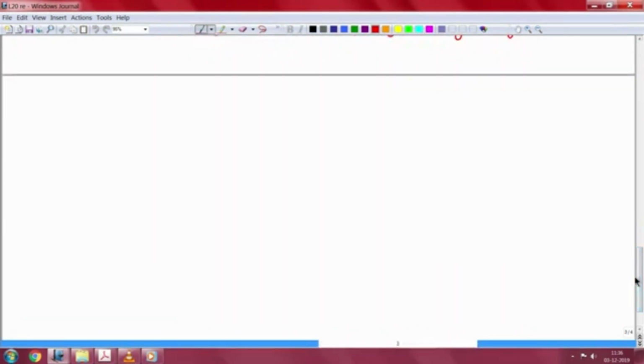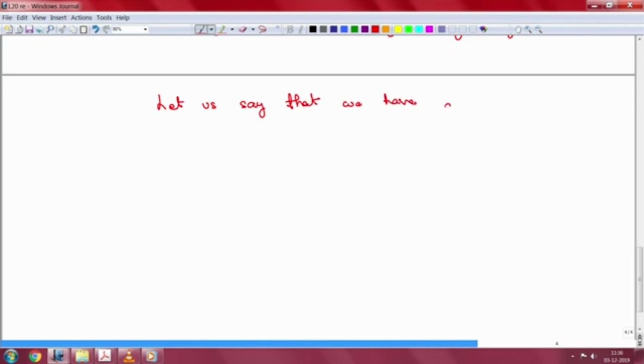So now let us say that we have an isotropic simple fluid in a simple shear flow.